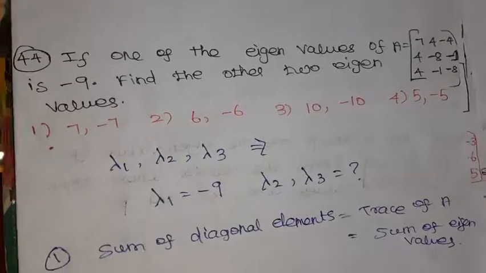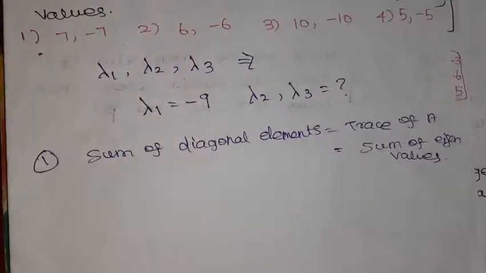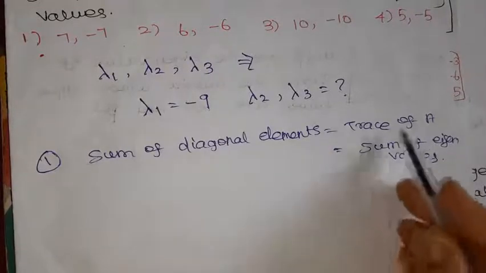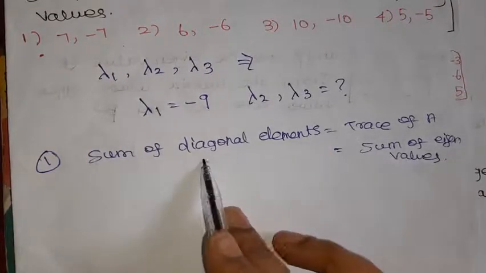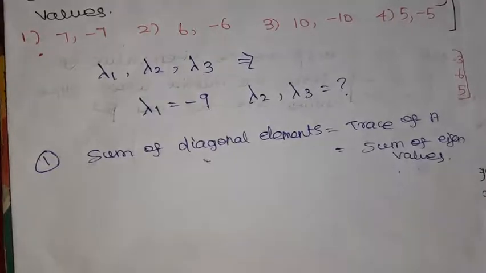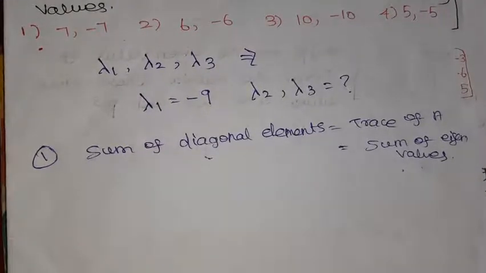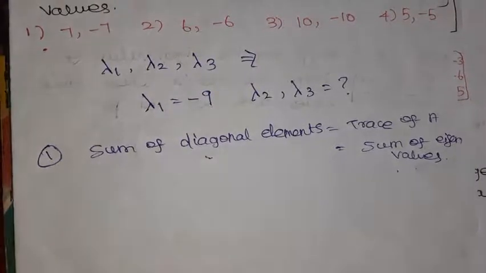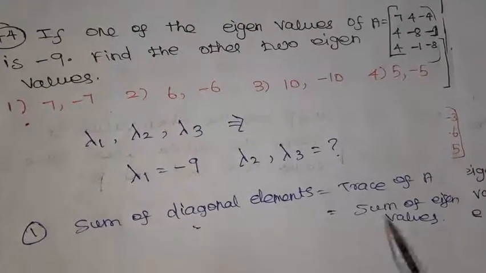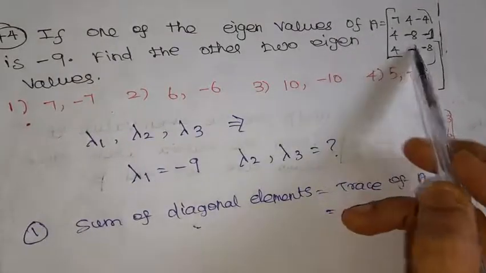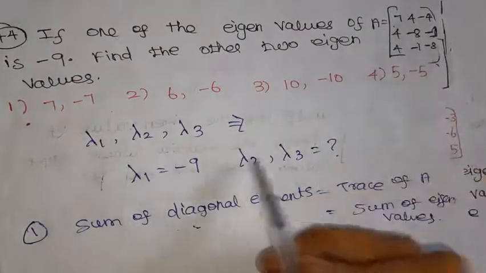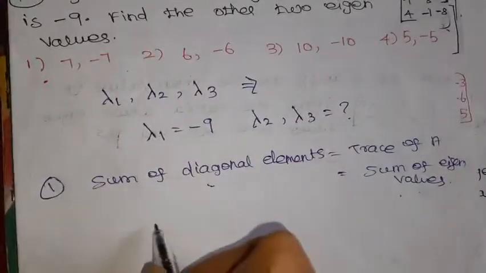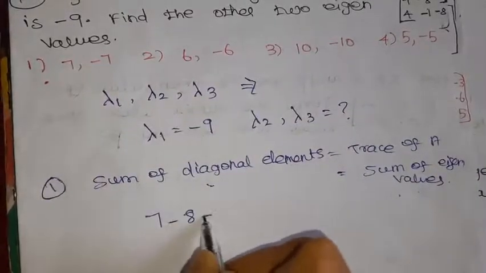So from this question, adding the diagonal elements, that should be equal to the sum of the eigenvalues. Adding 7 minus 8 minus 8.